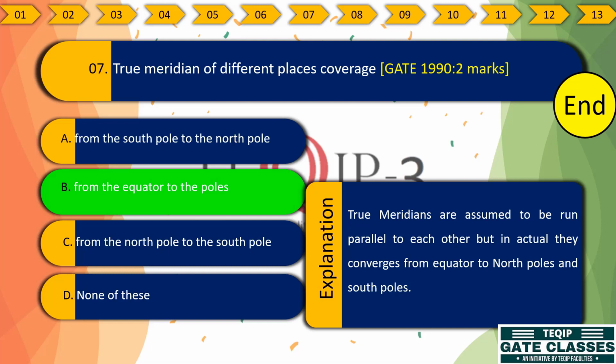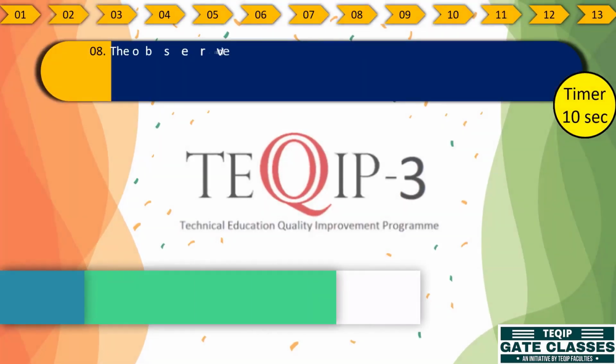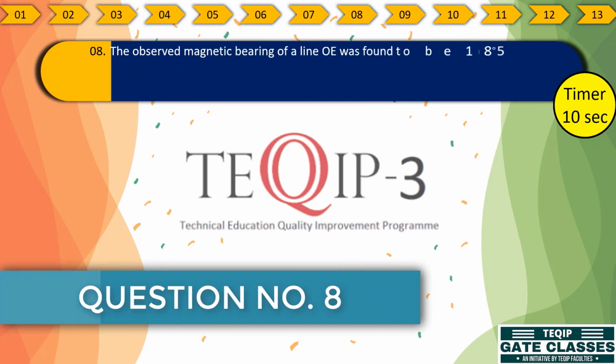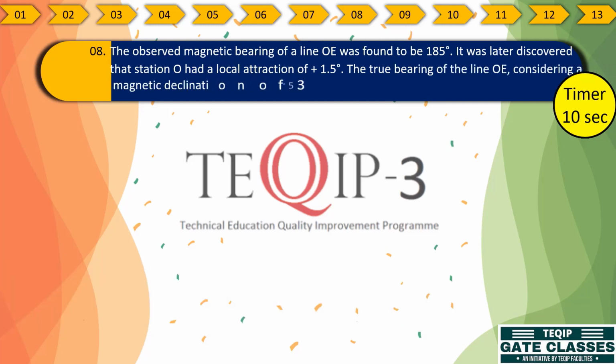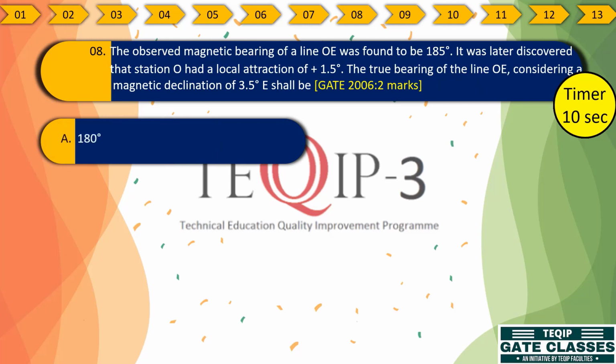Okay, so move to the next question, that is question number 8. The observed magnetic bearing of a line OE was found to be 185 degree. It was later discovered that the station O had a local attraction of positive 1.5 degree.